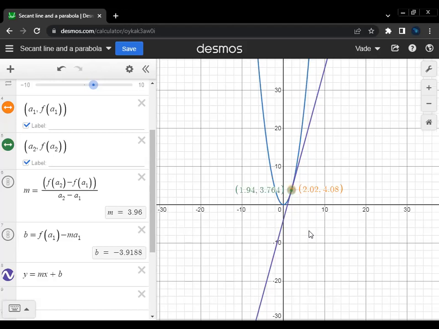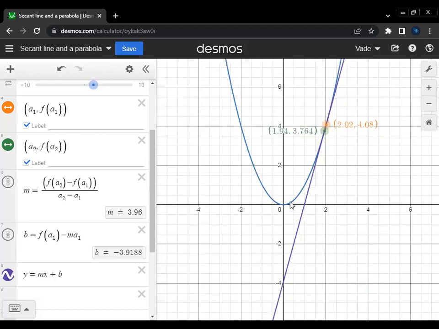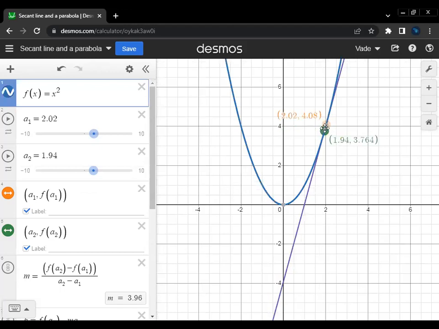The answer is no. It looks like a tangent line because it seems the line intersects at one point. But when we zoom in, nope. It's still two points, you see this? So that means it's still a secant line.